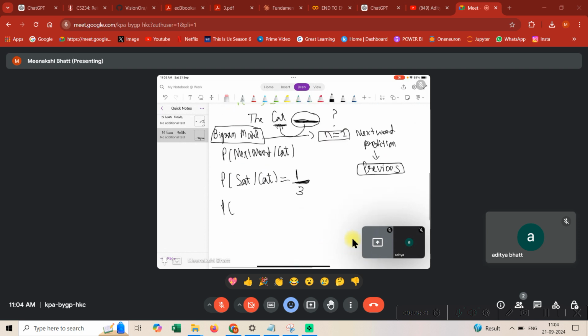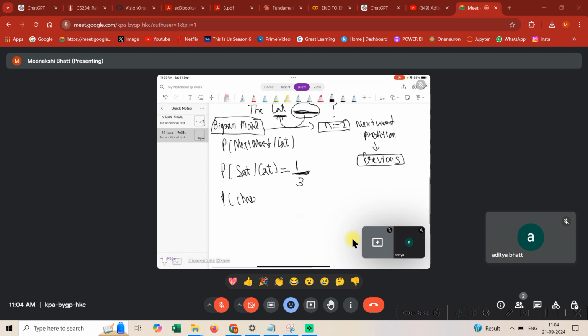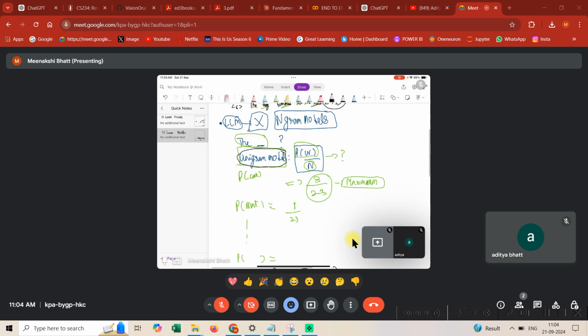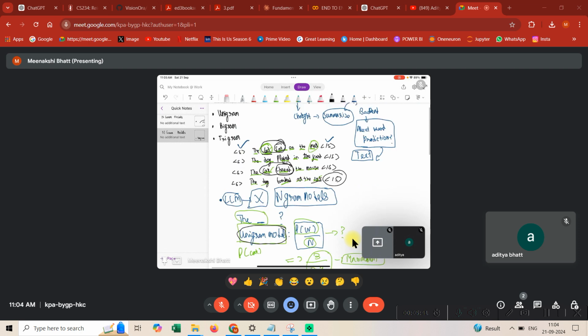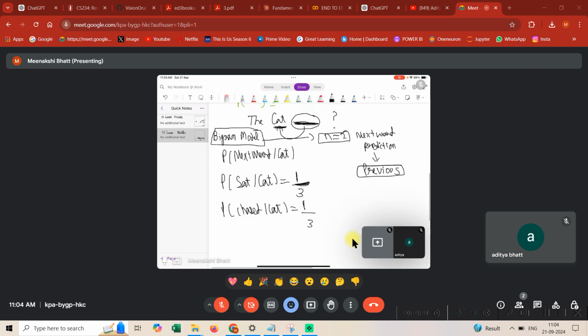Chased. So what would the probability of chased given cat be? Again there is only one combination in the corpus, so 1 by 3. Again, the probability of the end of sentence token given cat would be the same, 1 by 3.